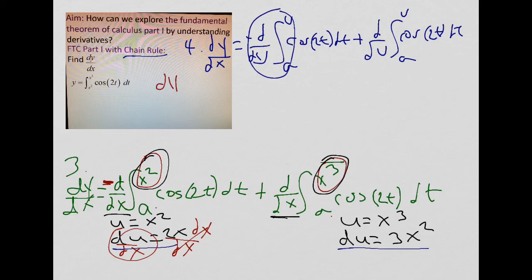So I'm rewriting step 4. And I know I'm probably going to run out of space. But hopefully, you remember that with the chain rule, that ends up happening. Remember, dy over dx is dy over du times du over dx.